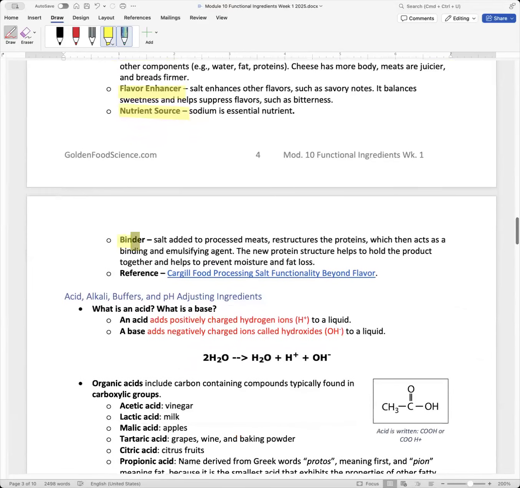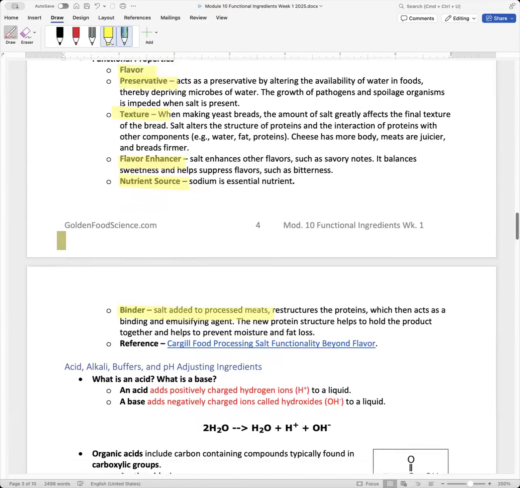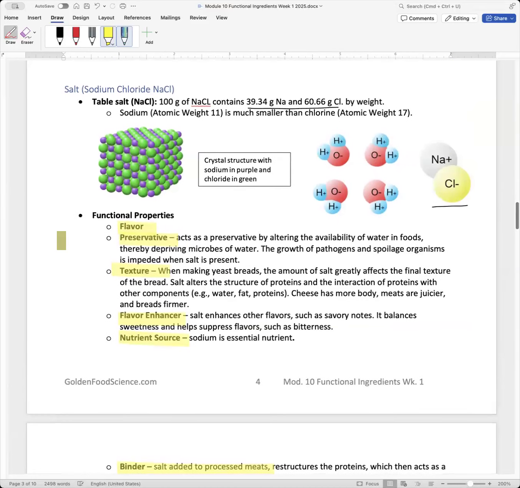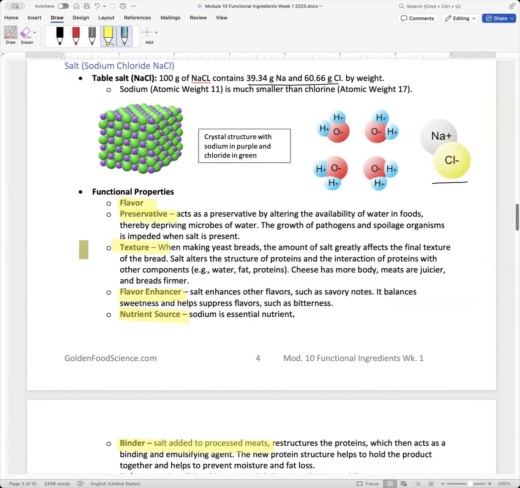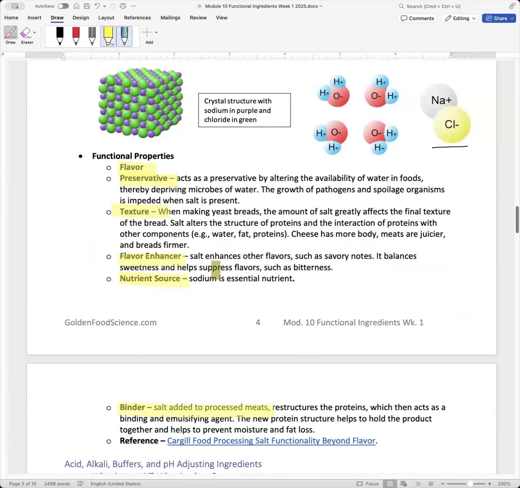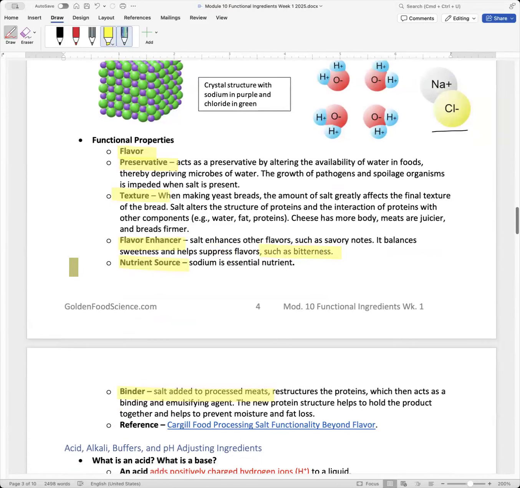It's also a binder in processed meats. It says here that it suppresses flavors such as bitterness. How nice is that? And obviously, as Americans, we like our food salty. At least most of us do, right?